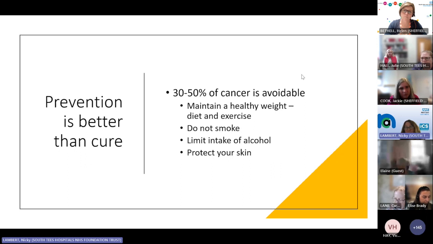I think cancer is still such a feared word in the community, despite the fact that we know more people live with their cancer than die from it now, despite all the new wealth of technology and medicine that's coming up. But I think it's still a real fear.